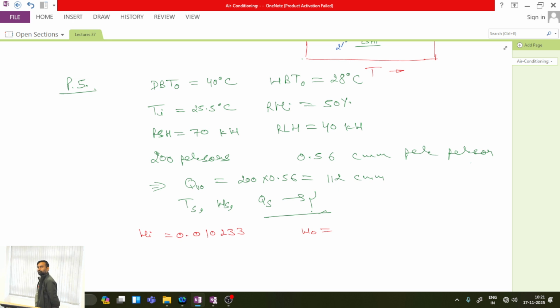Please tell me. What is the value? Is it in the range?